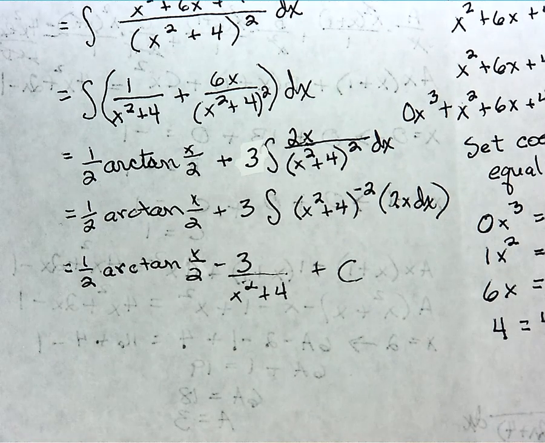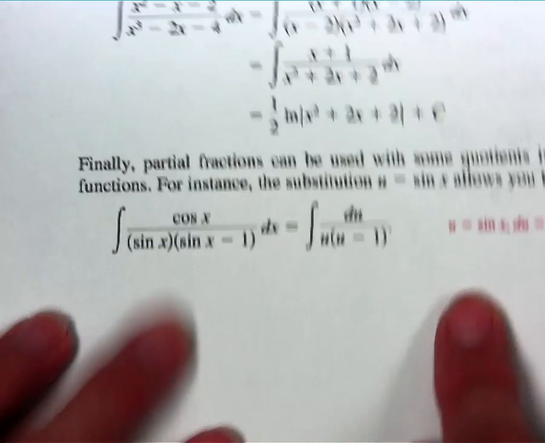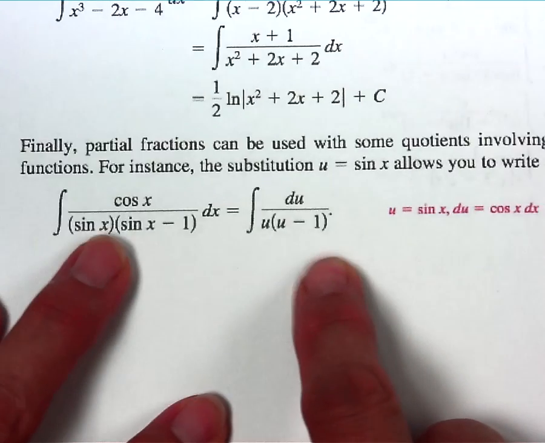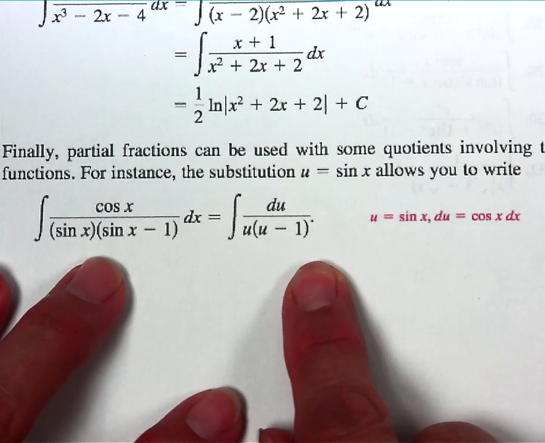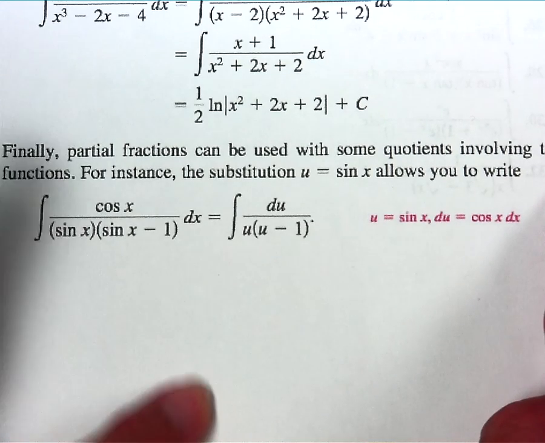Okay. I've got to run. Pre-calculus and college algebra are both waiting on a test. Let me show you real quickly the thing we didn't get to talk about, and it's going to look real scary, but it's not. It just looks that way. Oh, here it is. Very last line of some page in the book says, finally, partial fractions can be used with some quotients involving transcendental functions.